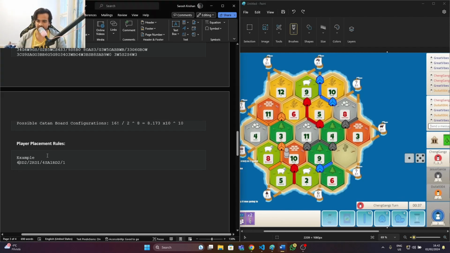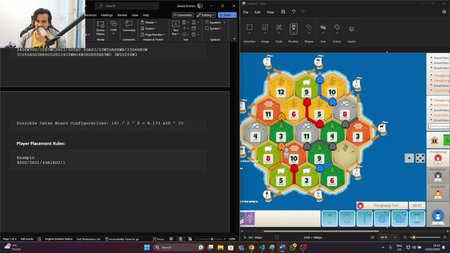So for the first one, it'll become 4 as settlement for D, and then there's 2. Perfect. And for this, it's going to be 2 empty spaces followed by 1 road. Sorry, 2 empty spaces. And then there's a road for D, and then there's 1.